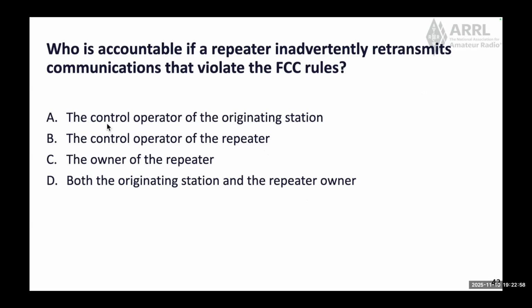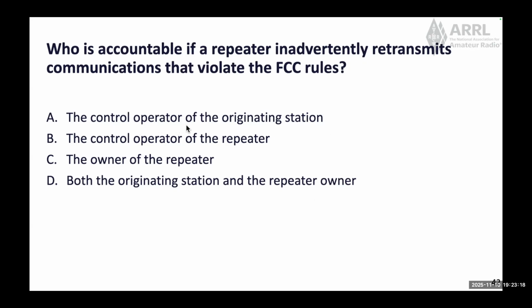Kind of tricky, but remember, the repeater is just retransmitting a communication. The communication that violates the FCC rules is going to come from the control operator of the originating station, or the radio where the violation occurred.